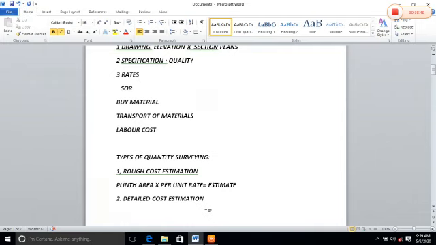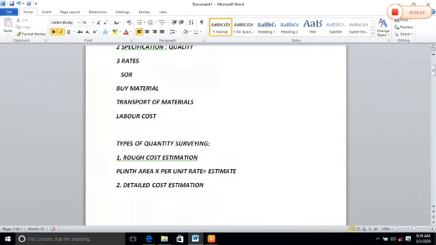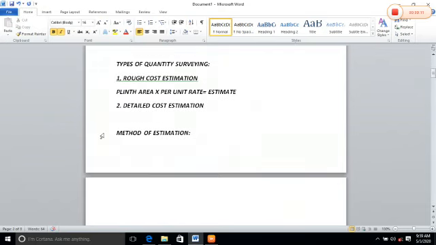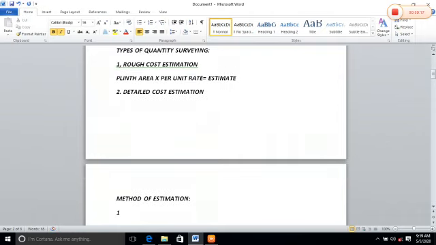Okay, next topic is methods of estimation. There are two types of methods of estimation. Number one, short wall long wall method.